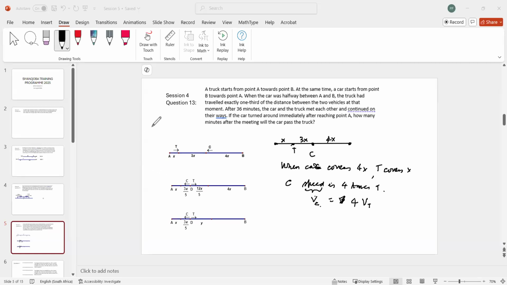So you got this equation here: Vc, the speed of the car, is 4 times the speed of the truck. Let's hold that in deep freeze. Now, let's go on with this question.